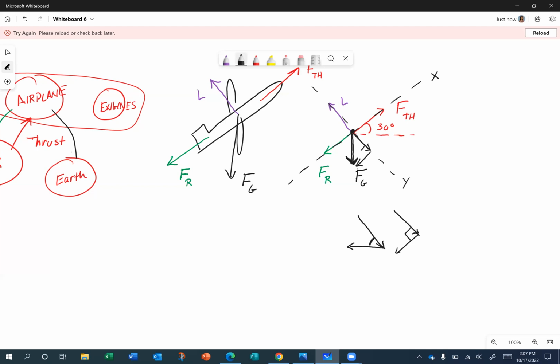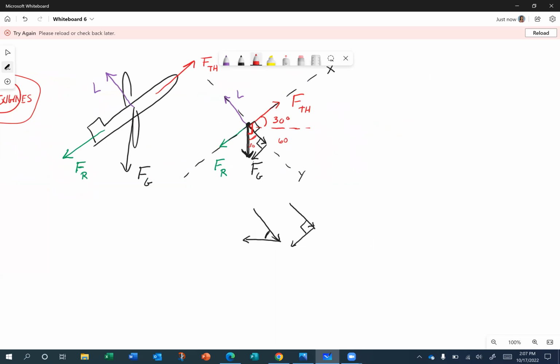So here's our perpendicular angle in here. This is also 90 degrees, and so is this angle. So if this is 30, then this is 60. And if this all has to be 90 degrees within here, I drew that a little bit too long, then this also must be 30 degrees, which means I can break up these components.